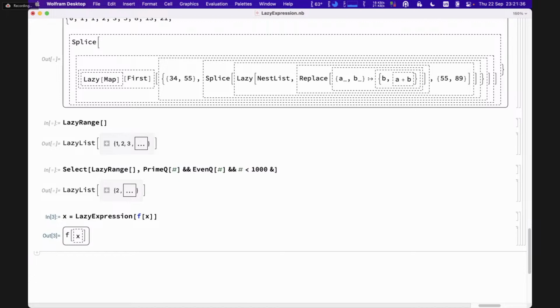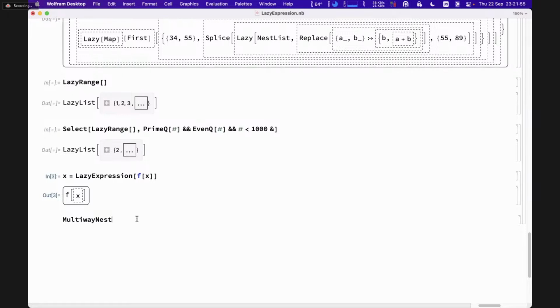What did we call it last time? We had multi-way nest, right? What were we calling that? We have multi-way nest. It's basically lazy nest tree.